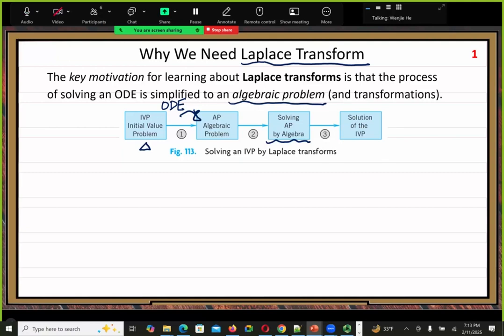After that, you need to go back, because your goal is to find a solution of the original ODE. Here you changed the problem, so you need to go back to the original problem. So you need some inverse transform. Here you need a transform, and here you need the inverse transform.